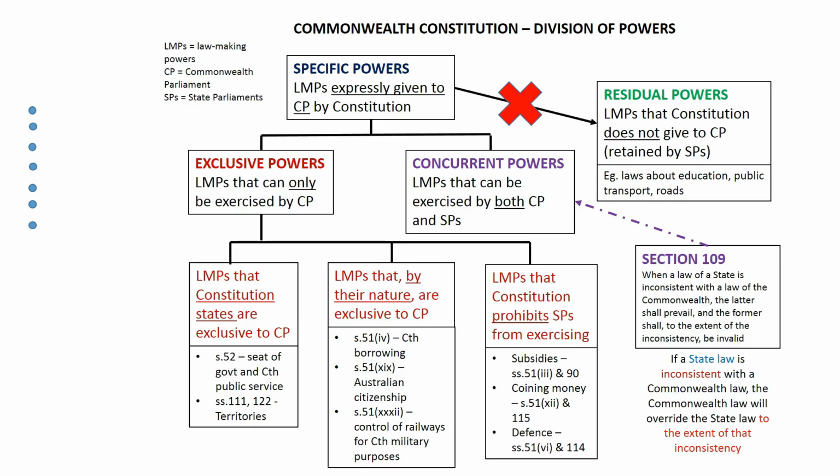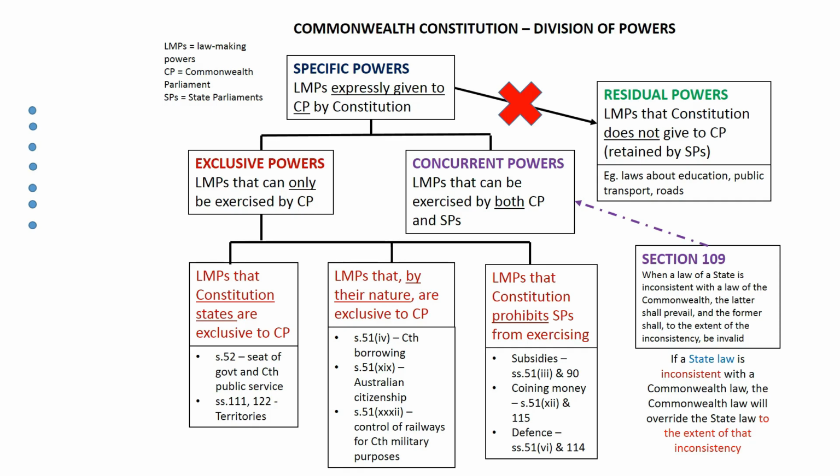Similarly, if we're looking at the residual powers, then these are powers that only the state parliaments can exercise. The Commonwealth Parliament cannot exercise a residual lawmaking power. So again, there's no possibility of any conflict between a Commonwealth law and a state law where that law is made in the exercise of the residual powers.